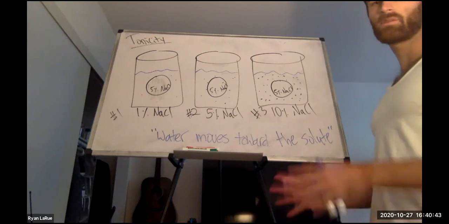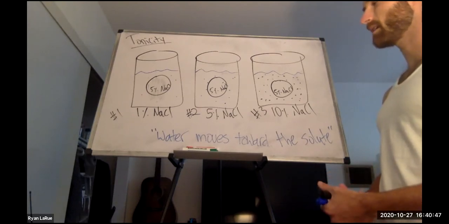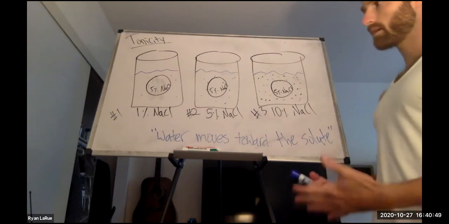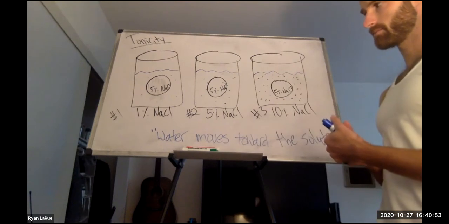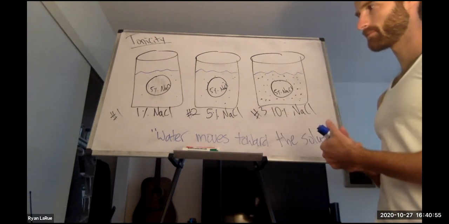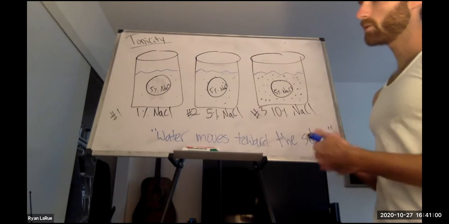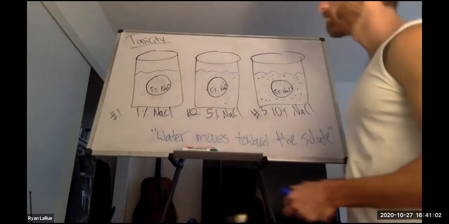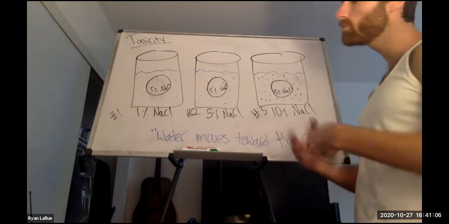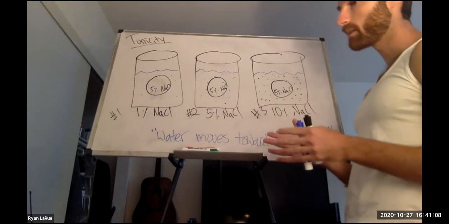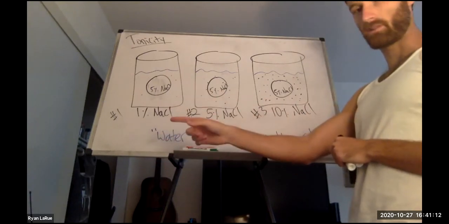There's a couple new words to learn here, but first let's just take a look at where water is going to move in each of the beakers. In our first beaker, the water is going to move toward the solute, in the direction of where the solute is greater.